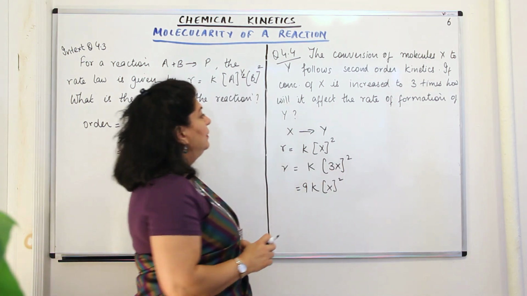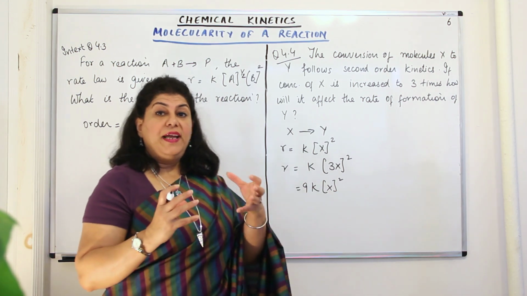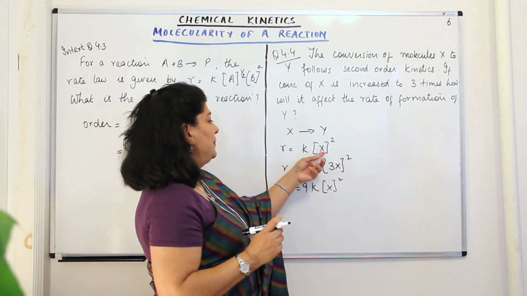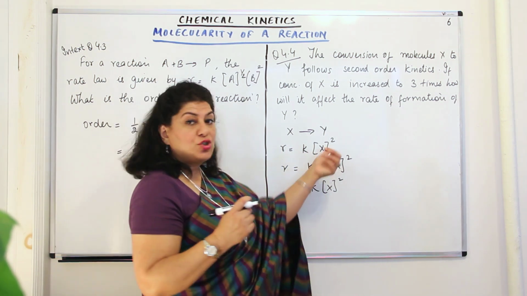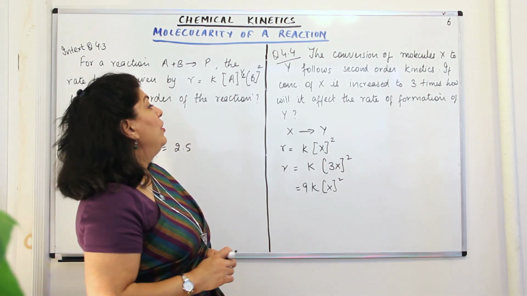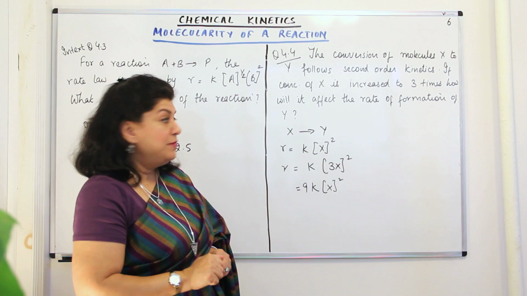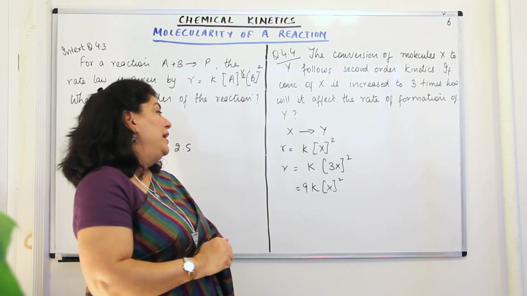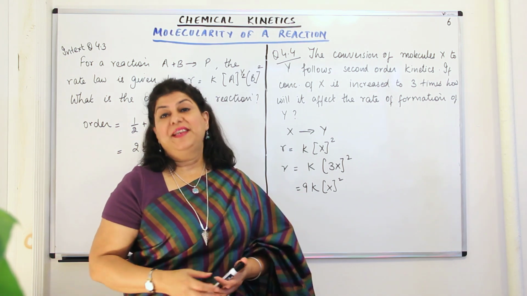The initial rate of the reaction was K X square. Now it will be 9 times of K X square. Therefore, we would say that if the concentration is increased to 3 times, the rate of formation of Y would increase 9 times. It would be 9 times greater.